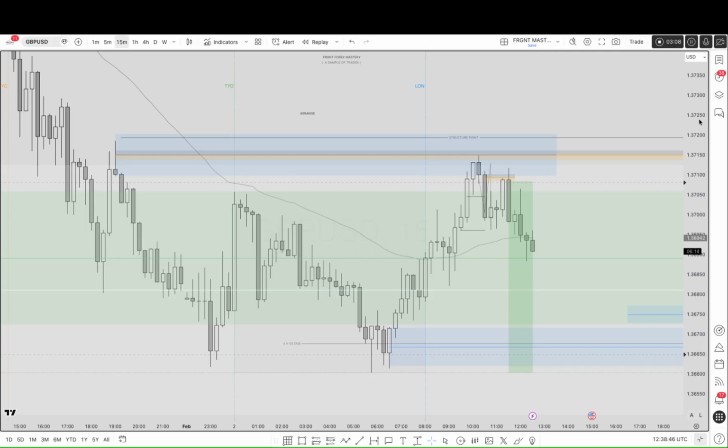Nevertheless, if there is an Asia range setup, even against higher time frame directional bias and structure, I will still look to take that position.